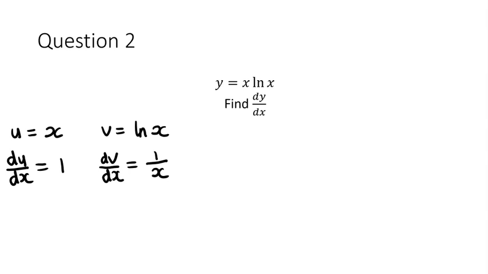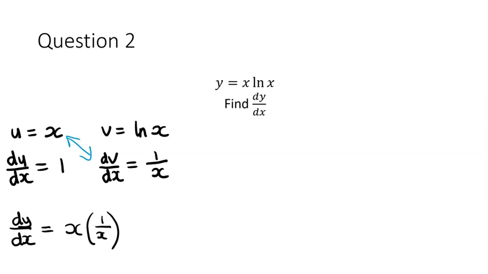So dy by dx, what I need to do is take my first function, u, and multiply that by the second function differentiated. So I'm going to do u times dv by dx. That would be x times 1 over x.